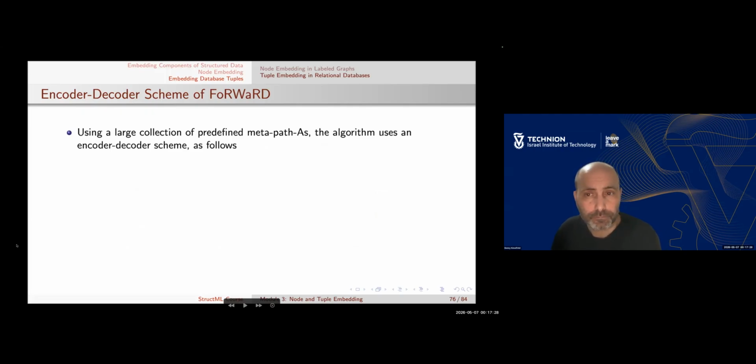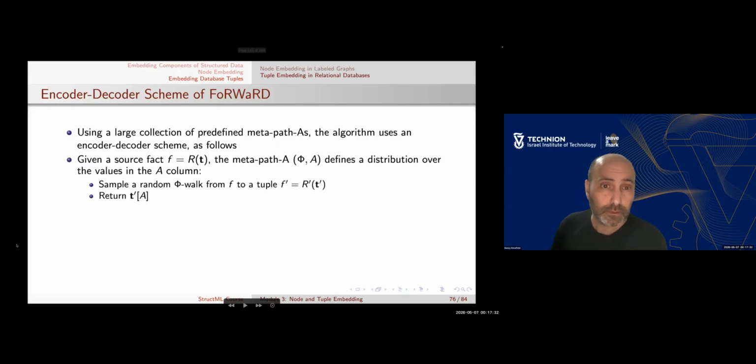And then the algorithm uses an encoder scheme that is defined as follows. If you have a source fact F for which we want to define an embedding, the metapath phi A defines basically a distribution over the A column in the following sense. You sample a random walk corresponding to phi.